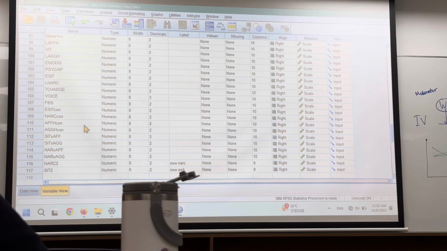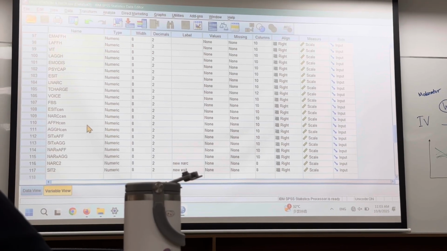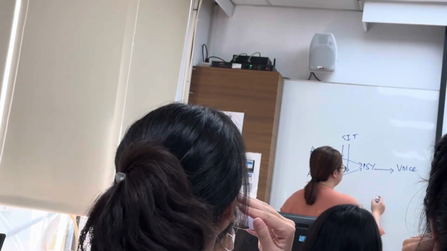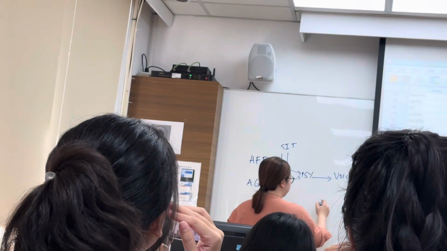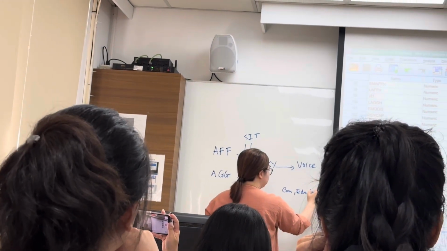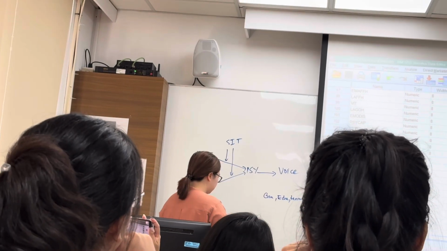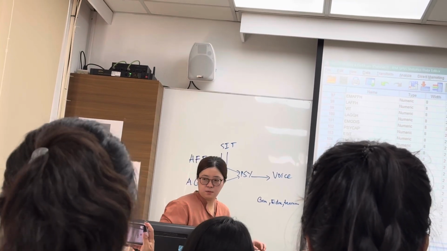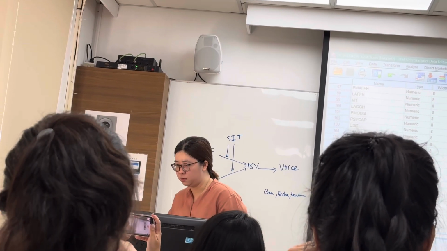Okay, I said that in my head, and it will be moderated by SIT. Of course, we will have several control variables, including gender, education, and tenure. Alright, so let's try to test this model.